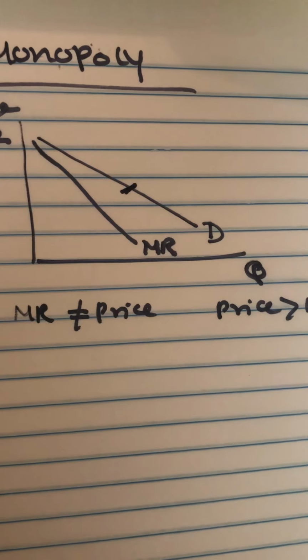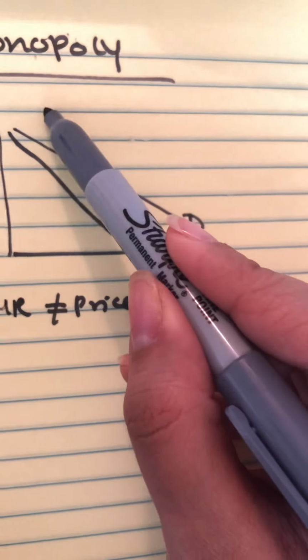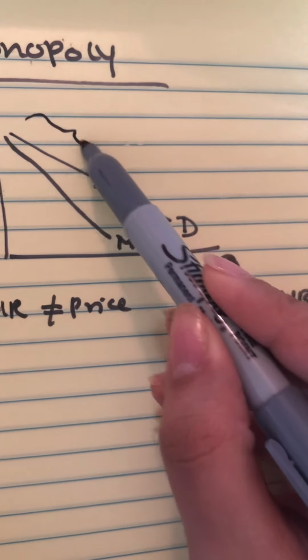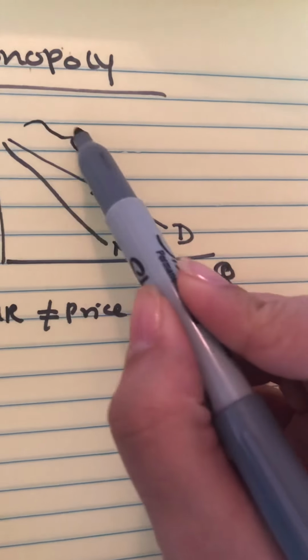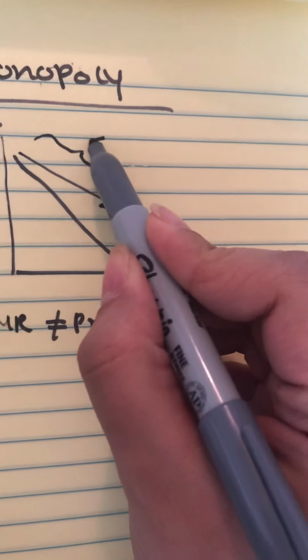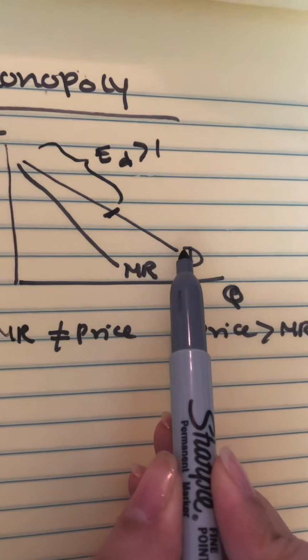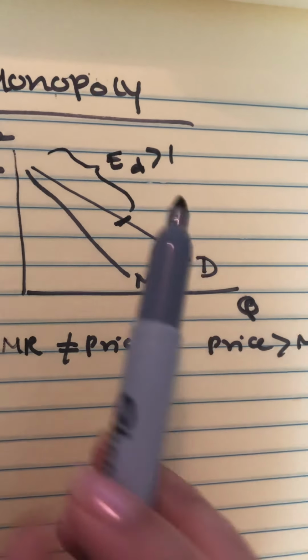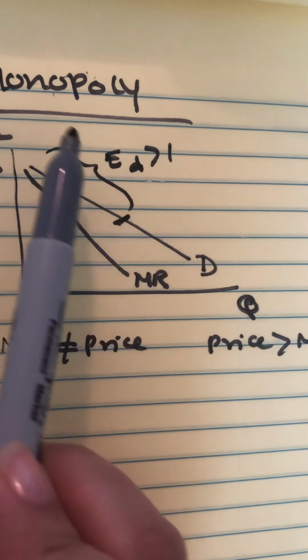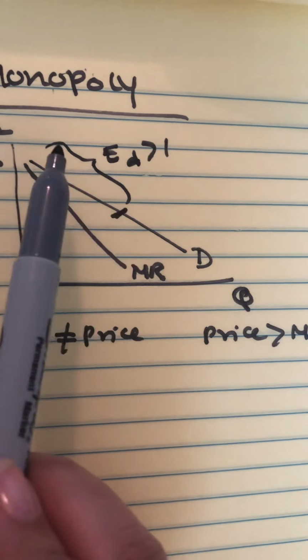If you review chapter 6, you probably remember that if our demand is linear, a straight line, at the higher price level, like here, our demand is elastic, and at the lower price level, our demand is inelastic. Monopolies always set the price at this part of our demand.